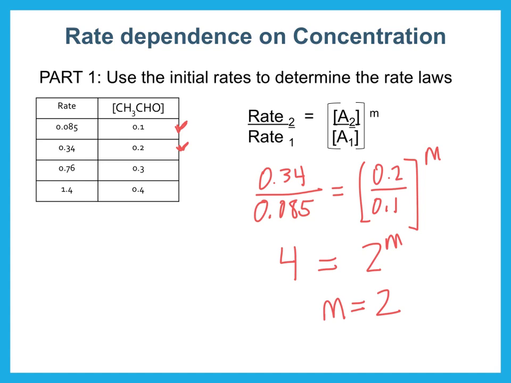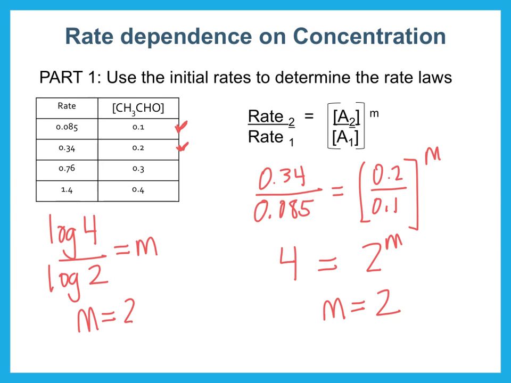You also can sometimes not have numbers that are nice and easy like this. What one does is take the log of the resulting rate divided by the log of the concentrations, and that value will equal m. And in this case, it also equals 2.